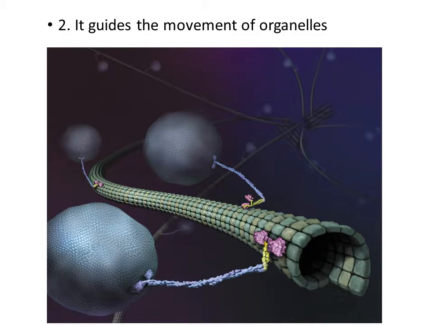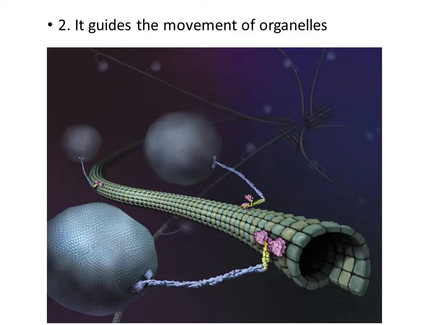So besides giving shape, the microtubules also will guide movement of organelles. You can see that hollow microtubule, and attached to it, it appears that something is walking along the long hollow tube.